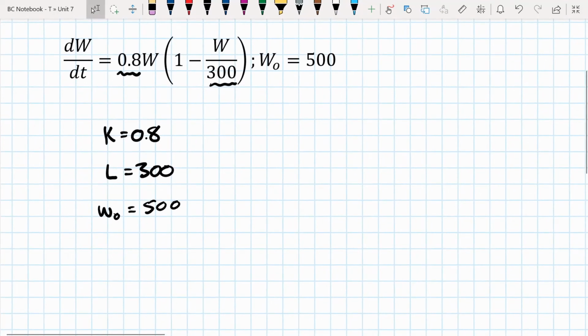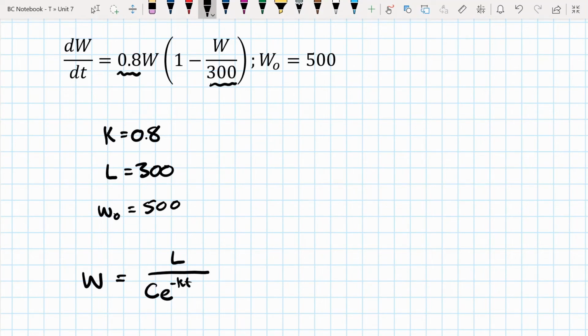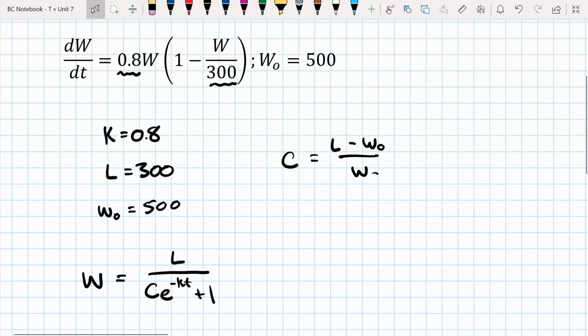The solution to this differential equation, W, is going to be equal to L, the carrying capacity, over C e to the negative KT plus 1, where C is defined as, we talked about this earlier, L minus, well, in this case it's not Y, but W naught, the initial value, over W naught.